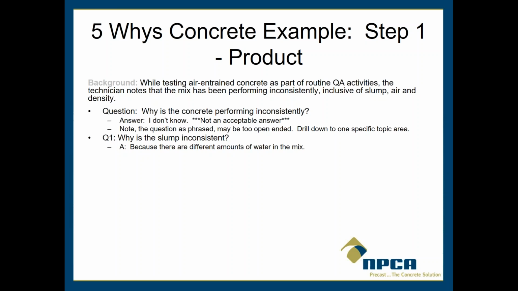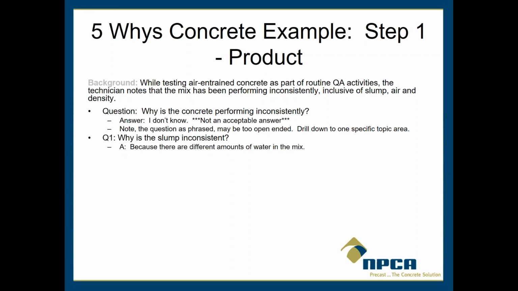Now, there's two things you could say here. This is logical, right? If the slump is inconsistent, it's because there's different amounts of water in the mix. That makes sense. However, I really need to look into some things to make sure that that's correct. So I need to go look at batch records, talk to the batch guy. So it's not as simple as I can ask a question and have an automatic answer, right?